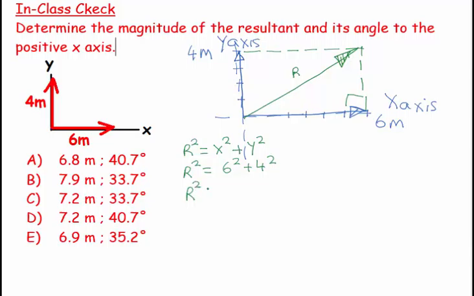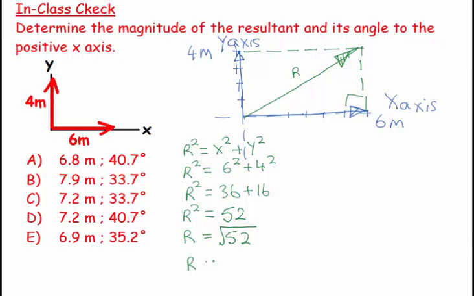r squared is equal to 36 plus 16. r squared is equal to 52. So r is equal to the square root of 52.